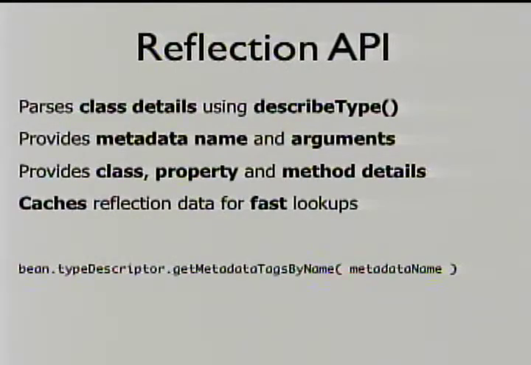And then it's also going to cache that data so that the next time it comes across that class, it's not going to do this all over again, because describeType definitely has some performance issues if you're calling it a lot. You can see an example code at the bottom, the way that you would get a list of metadata tags for a specific metadata name, which I'll get into in the code.